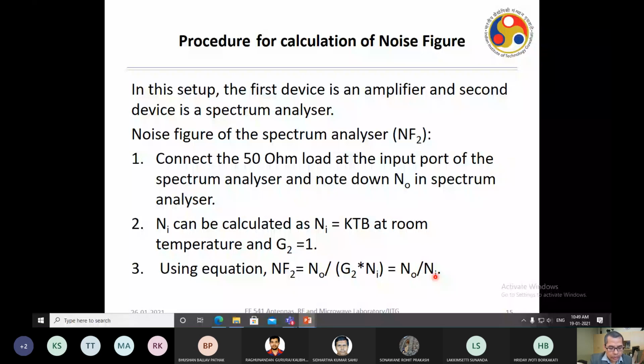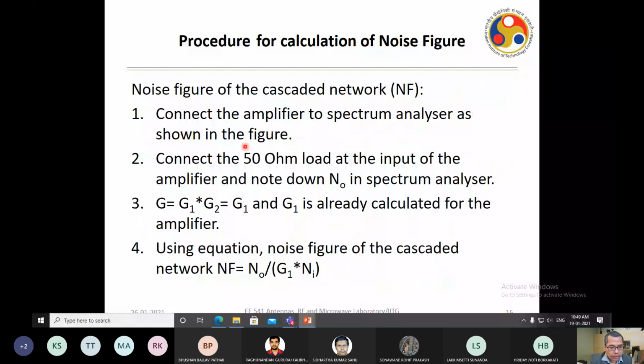So you have NF2, you have G1, and you also want to find the NF of the cascaded network. You can make a series connection of the amplifier and the spectrum analyzer. Device 1 is the amplifier, device 2 is the spectrum analyzer. You connect the input port of the amplifier with a 50 ohm match load, and then note down N naught in the spectrum analyzer.